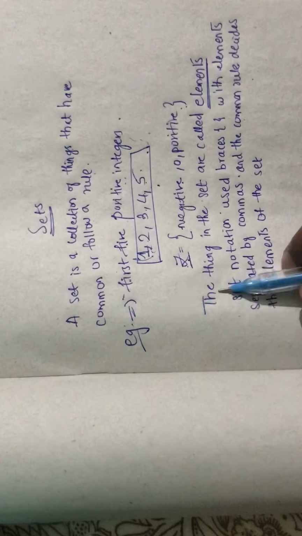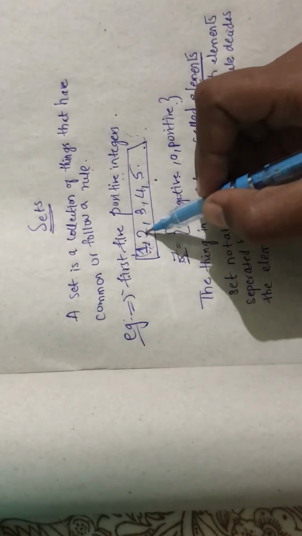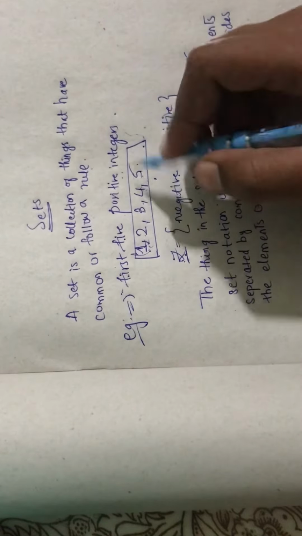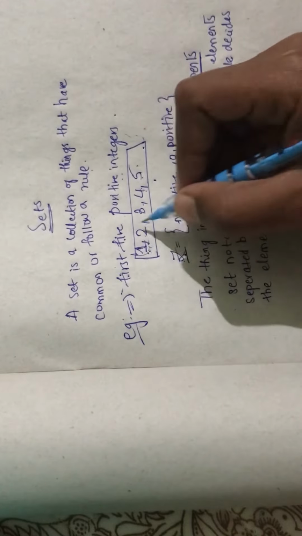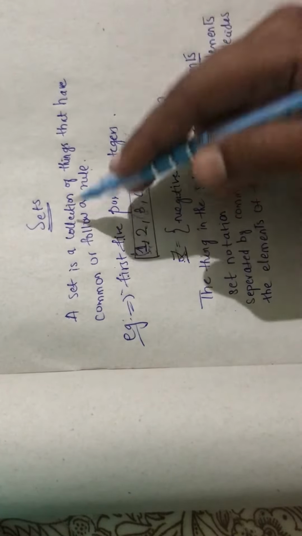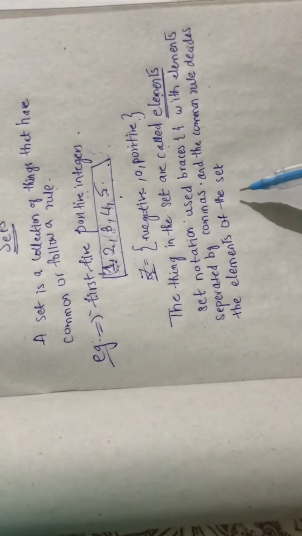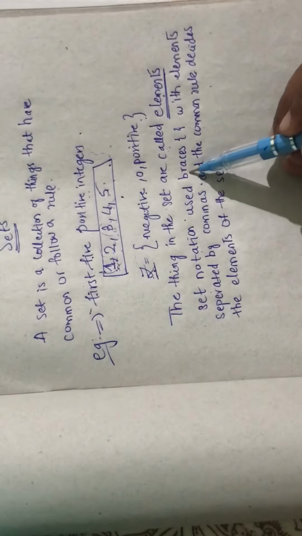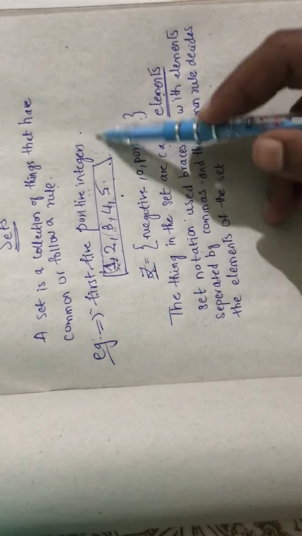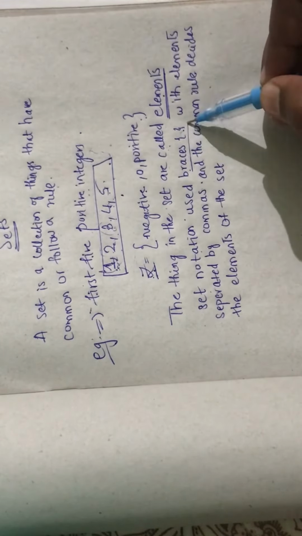Here the things in the set are called elements. So these 1, 2, 3, 4, 5 are called elements. 1 is an element, 2 is an element, 3 is an element, 4 is an element, 5 is an element. Now the set notation uses braces. Whenever we want to represent the given condition in the form of a set, we use these braces.